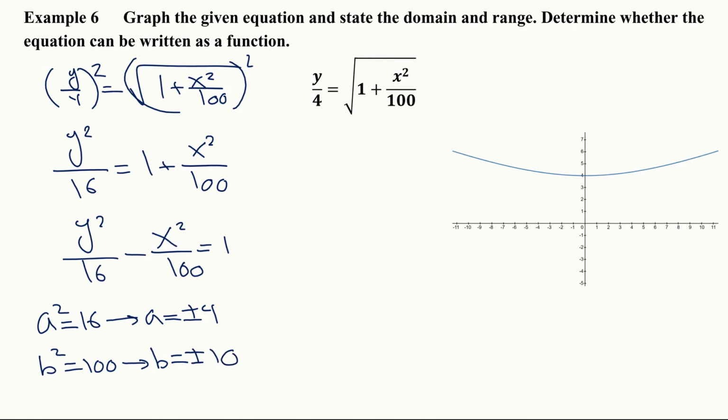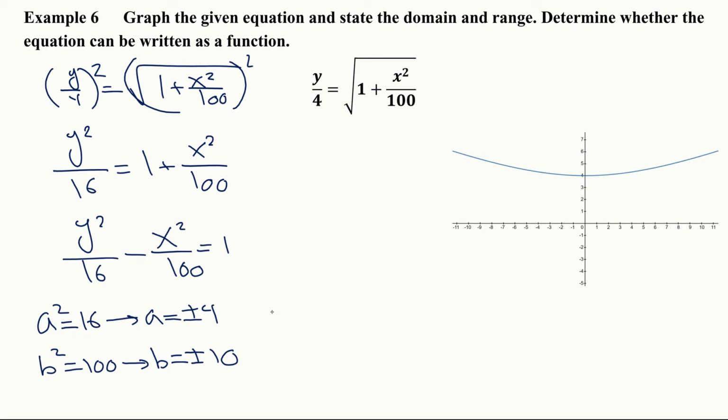We've done a lot of work with equations of asymptotes, etc. Here we're not asked for that, so we don't really need to go there. All we need is to realize this is going to be centered at 0, 0 because h and k are both zeros. So from that center, because it's a vertical one, I'm going to go up 4, down 4.